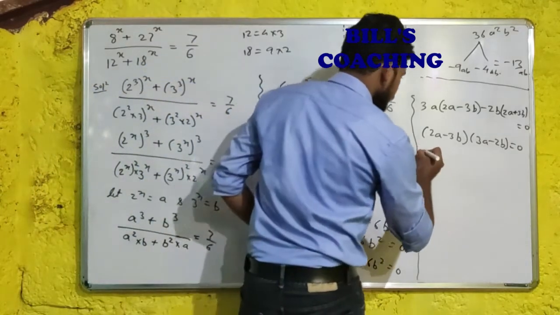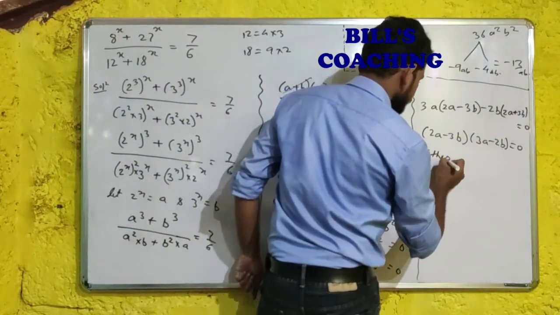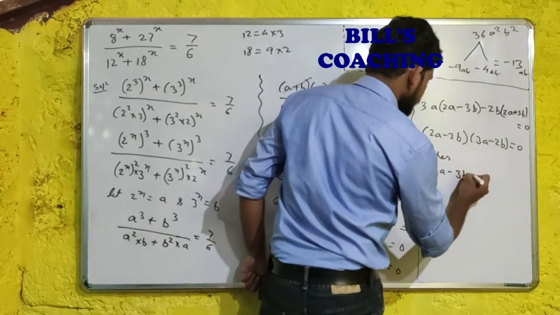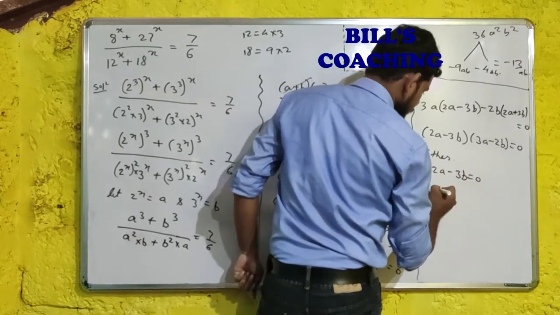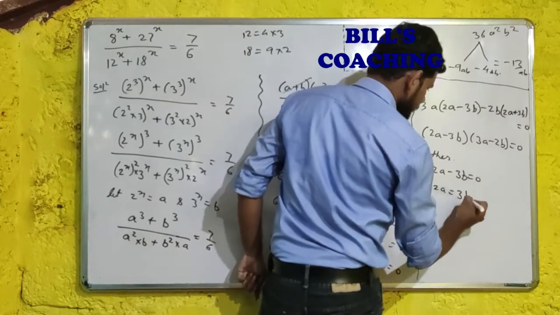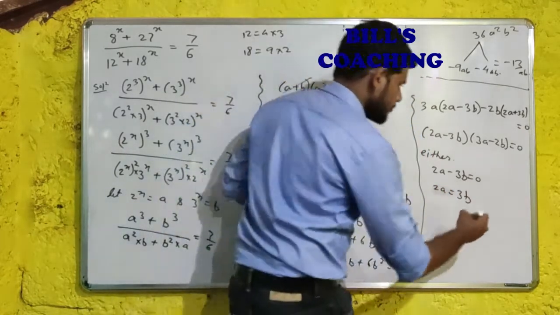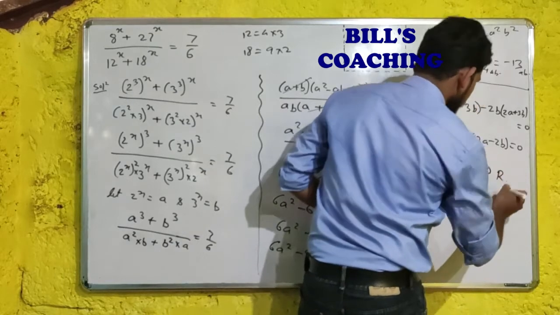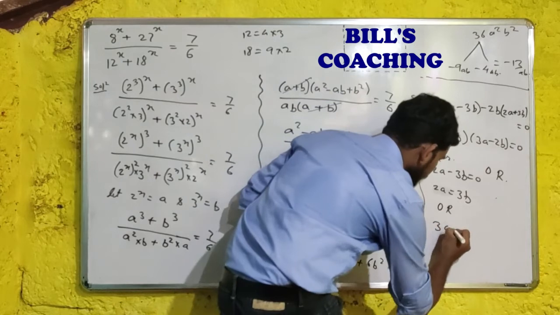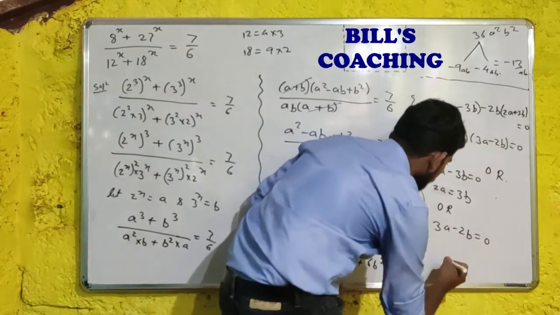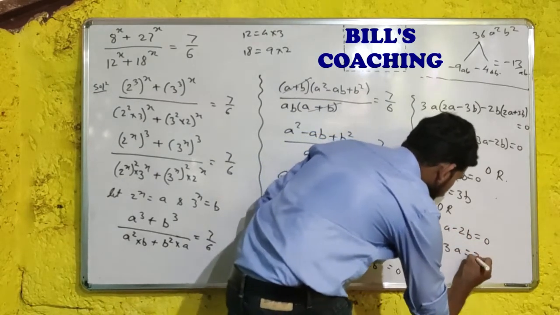So we can say either 2a − 3b = 0, which means 2a = 3b, or 3a − 2b = 0, which means 3a = 2b.